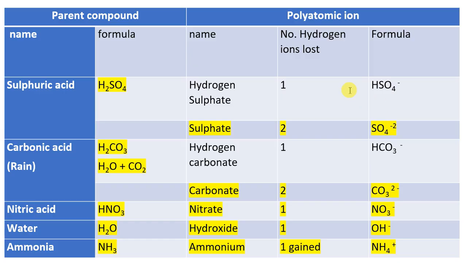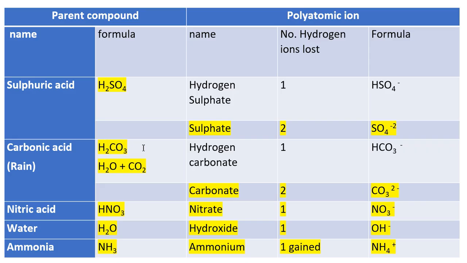What's the charge? Well, 1 hydrogen ion was lost, H+, the HSO4 must be minus. I can lose both hydrogens. Now what's left is sulfate, SO4. 2 hydrogens were lost from my original H2SO4, charge SO4 2-.